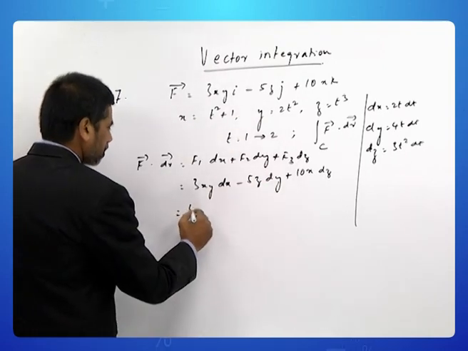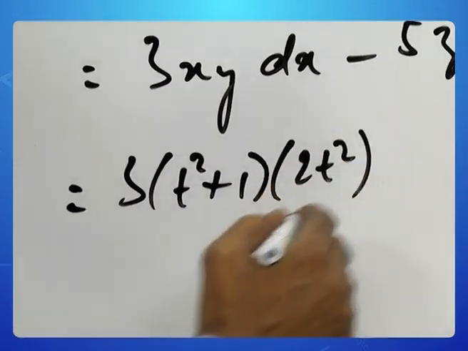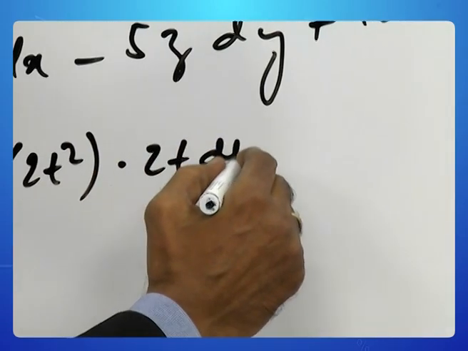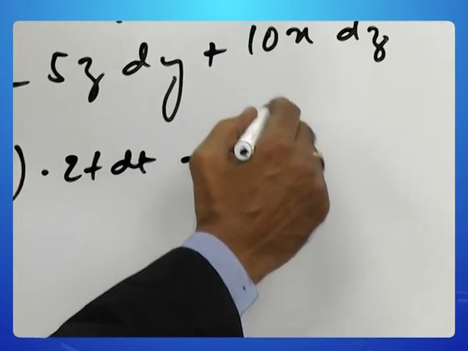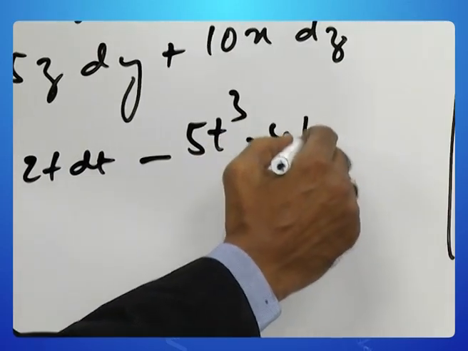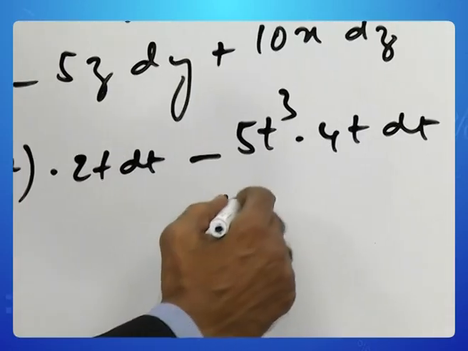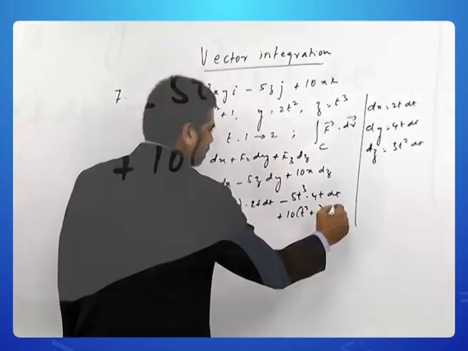So, we will have 3 into (t squared plus 1) into 2t squared into 2t dt minus 5z, that is 5t cube, into 4t dt plus 10x, 10 into (t squared plus 1), into 3t squared dt.